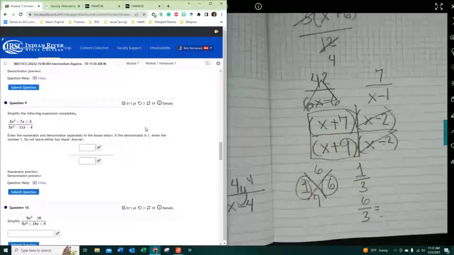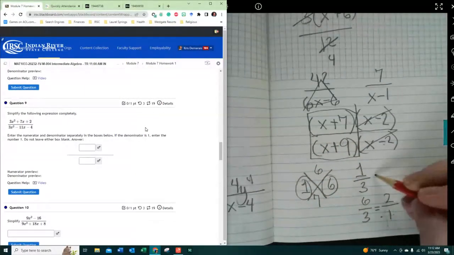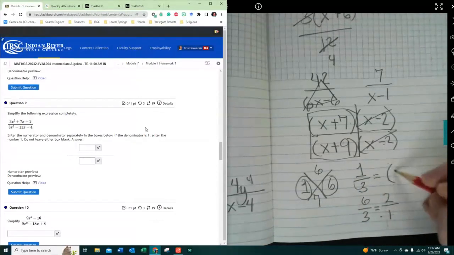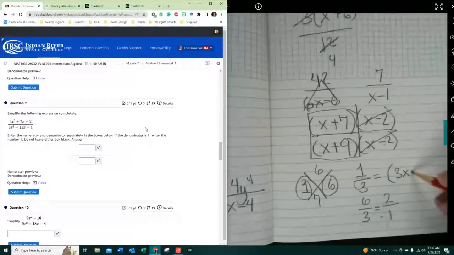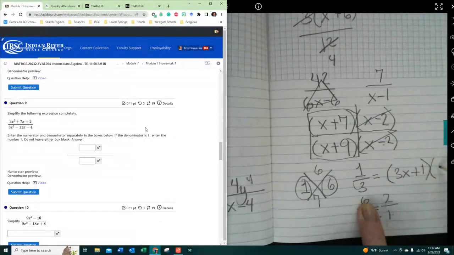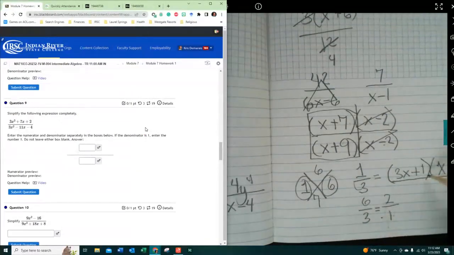I'm sorry, but I like to keep it on the same level because the reason why I do this is because I'm going to do the bottoms up, right? So we're going to do bottoms up now and do 3x plus 1, and then the 1 comes up and it gives me 1x. I don't need to put the 1. I'm just going to put x plus 2. And that is the factor form of the numerator.